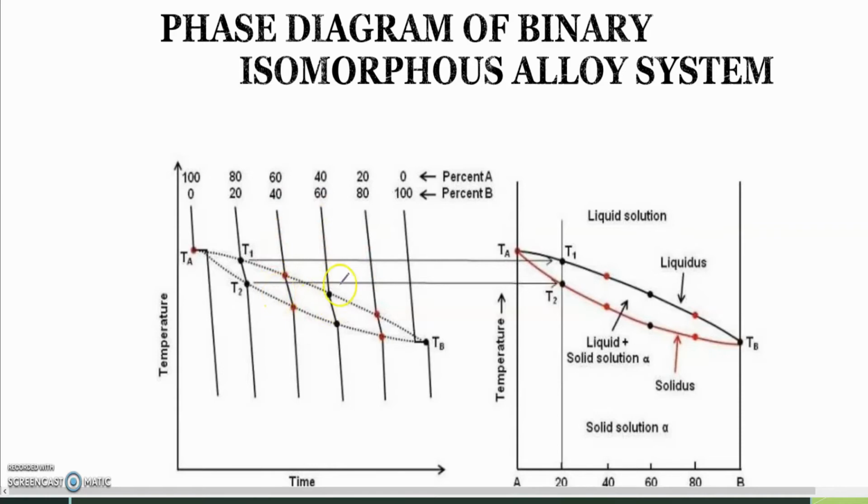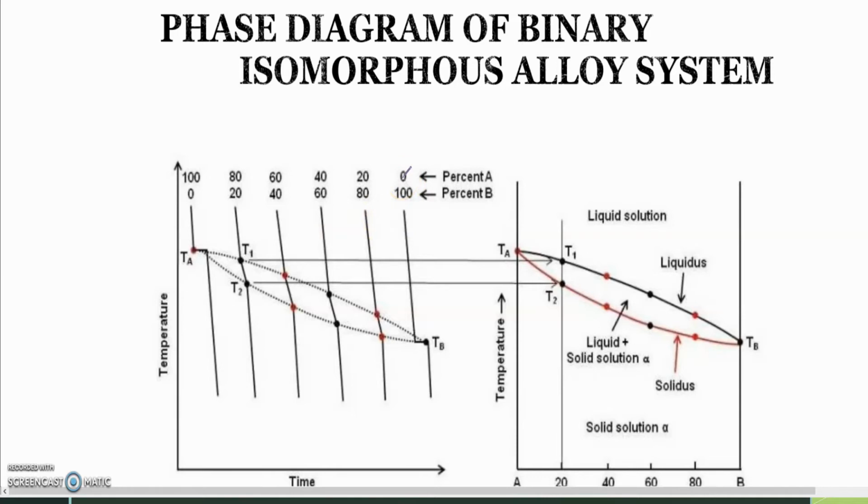Different composition will give different cooling curve. Komposisi yang berbeza akan memberikan lengkung penyejukan yang berbeza.